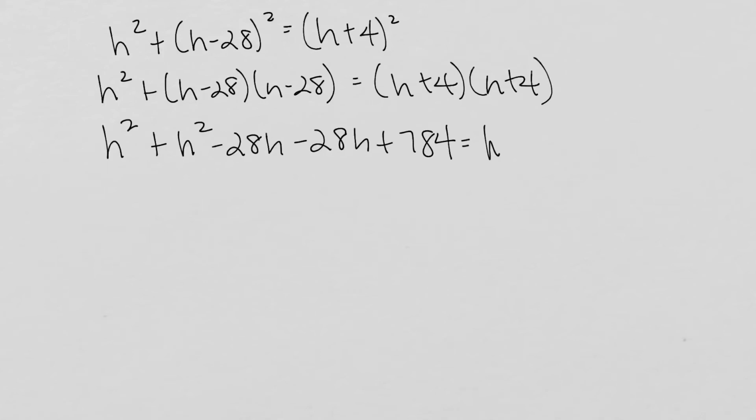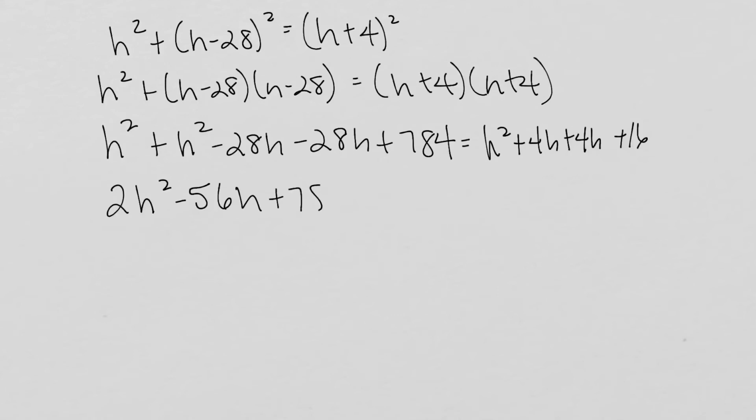On the right, we'll have h squared plus 4h plus 4h plus 16. So collecting like terms, I have 2h squared minus 56h plus 784 on the left. And on the right, I have h squared plus 8h plus 16.